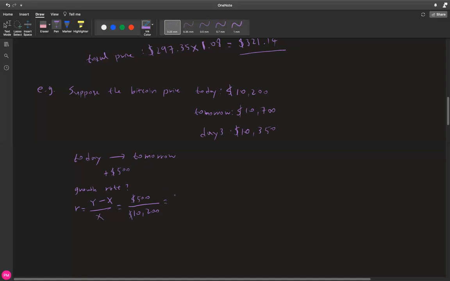By putting it in the calculator, you should find that this is approximately, because it's a repeating decimal, 0.049. So that is actually a 4.9% increase.